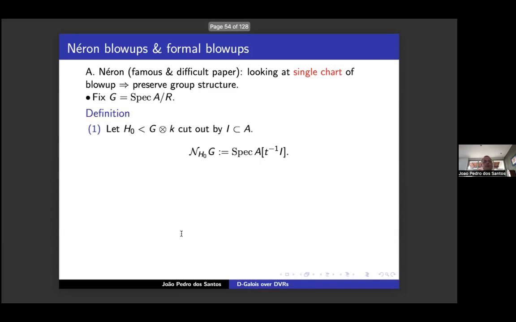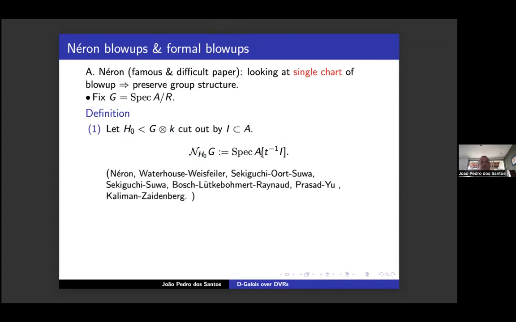So I fix some affine group over R. And now if I have some subgroup of the special fiber, then I define the Néron blow-up as being given by this ring. So say that your subgroup is defined by an ideal I, and then I just adjoin the inverse of every element in I. And this has been studied by a whole bunch of people.